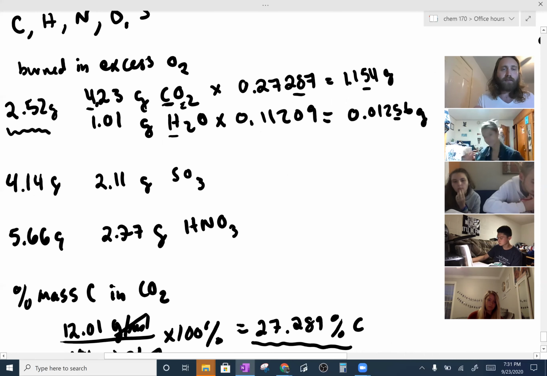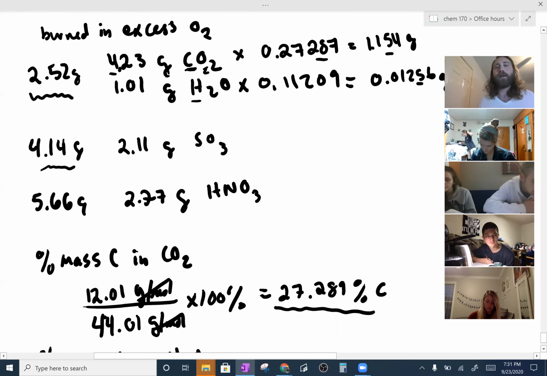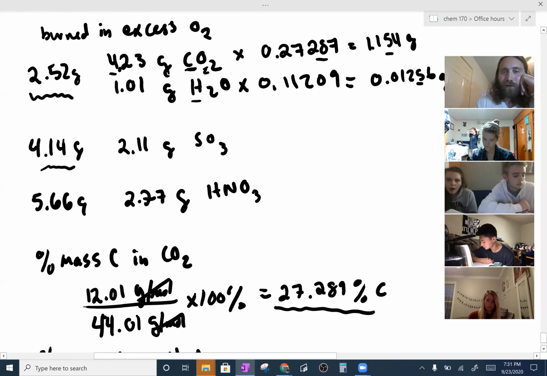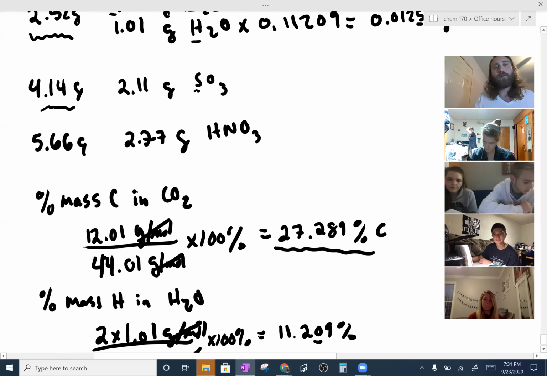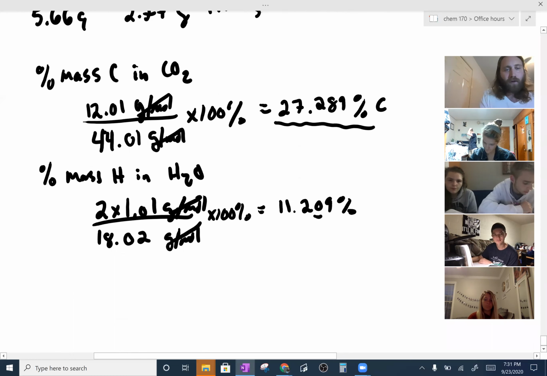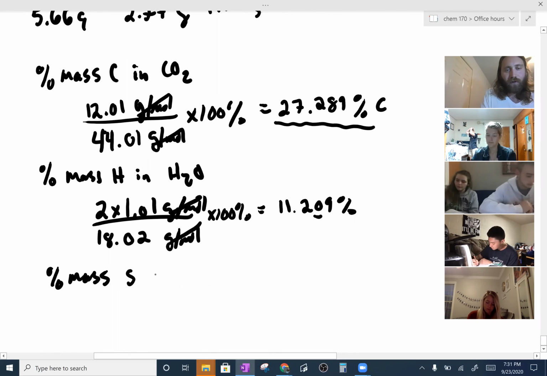Okay, so for the next experiment, 4.14 grams of this stuff were burned, and they got out 2.11 grams of SO3. Just like with the CO2 and the H2O, I need to calculate the mass percentage of sulfur in SO3 so I can get the total mass of sulfur that was produced here, because again, I don't trust the oxygen. So here it is, percent mass of sulfur in SO3.